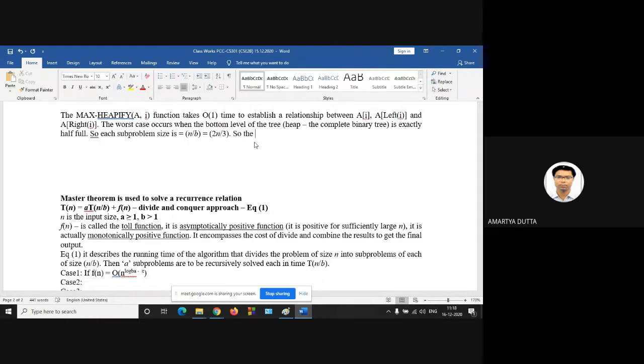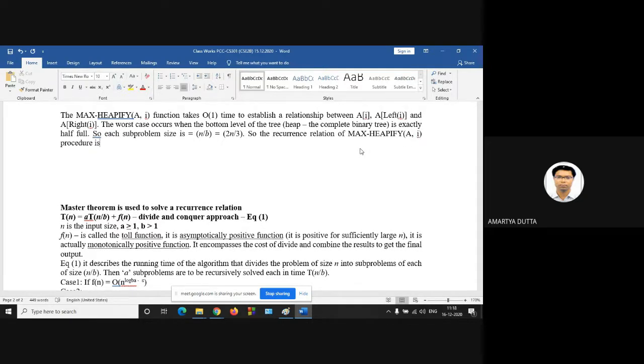So the recurrence relation of max heapify procedure is, what is the recurrence relation? T of n is equal to T of 2n divided by 3 plus 1.